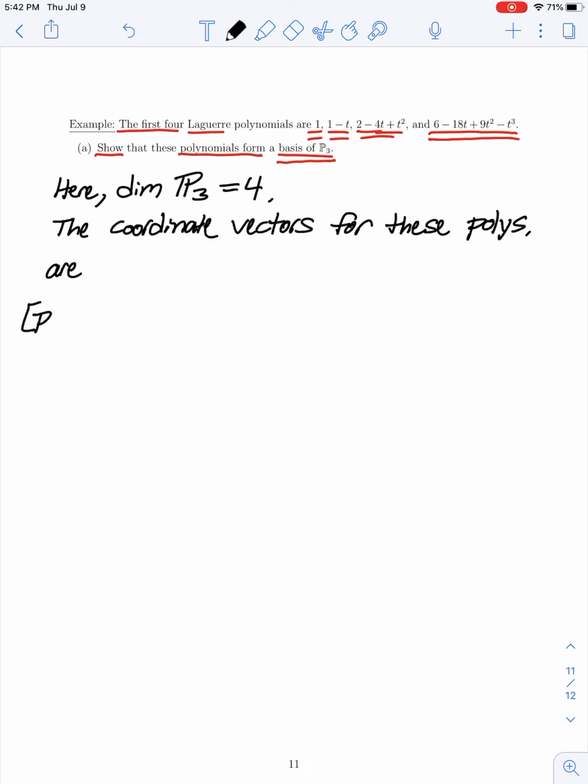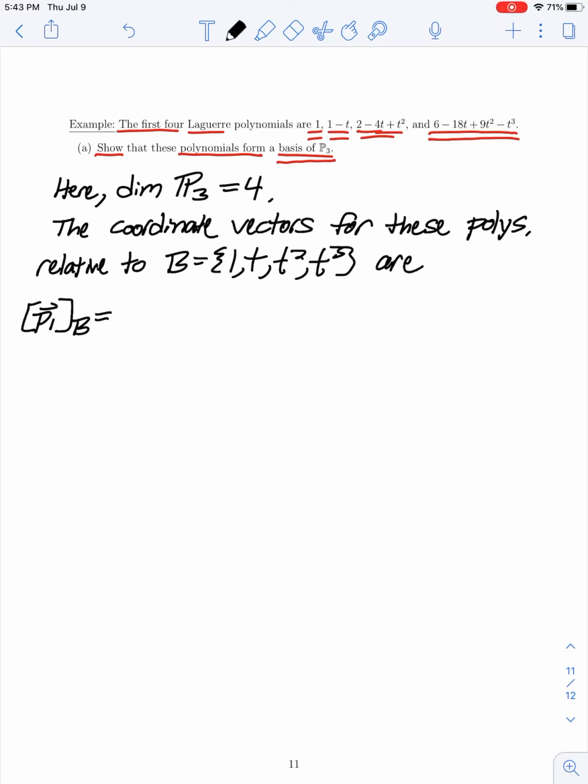So the coordinate vector for the first polynomial with respect to the standard basis B, so here let's maybe write out what our standard basis is. So for these polynomials, let's say relative to the standard basis B, which would be the set 1, t to the first, t squared, t cubed.